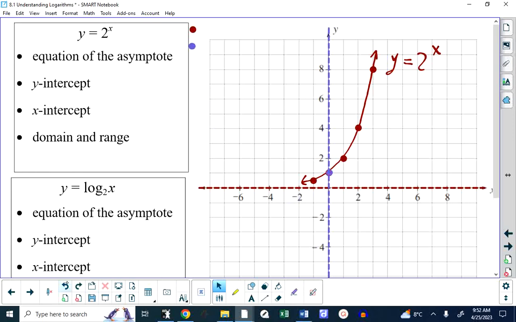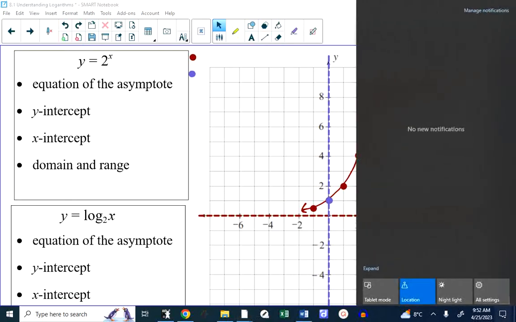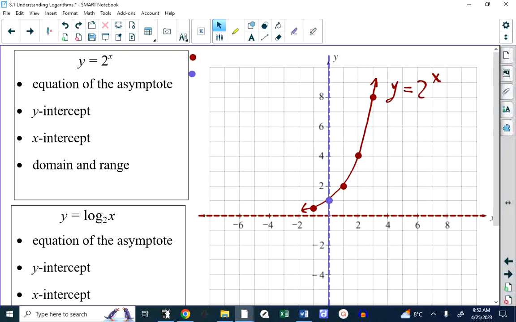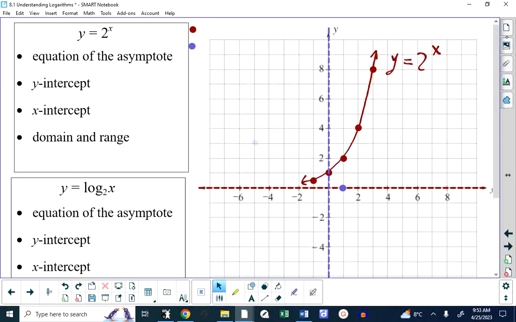If we take the coordinates of this point, which are 0, 1, and switch them, it becomes 1, 0. If we were to take the coordinates of this point, which is 1, 2, and switch it, it's going to become 2, 1.